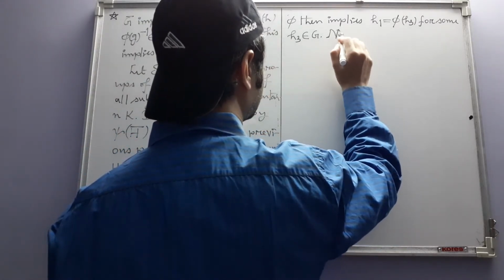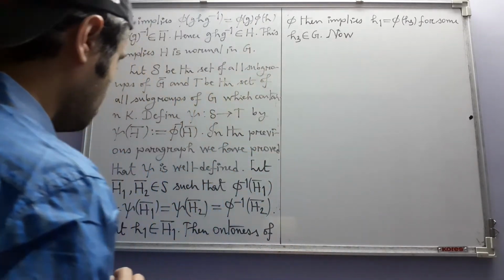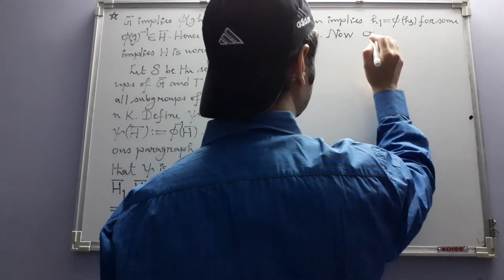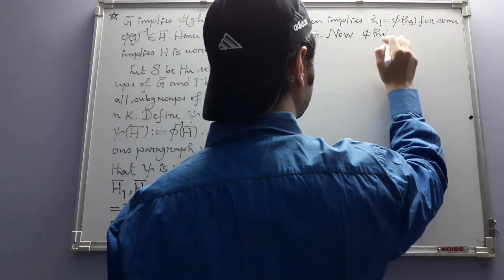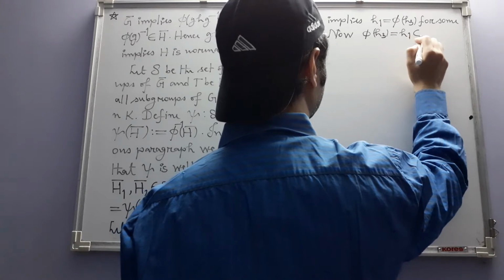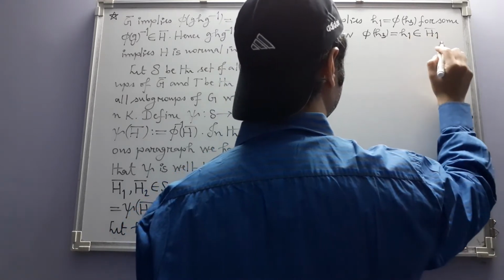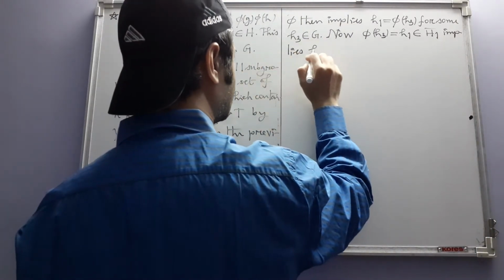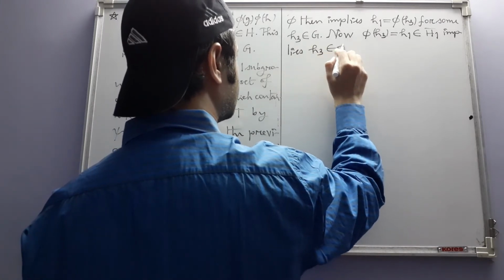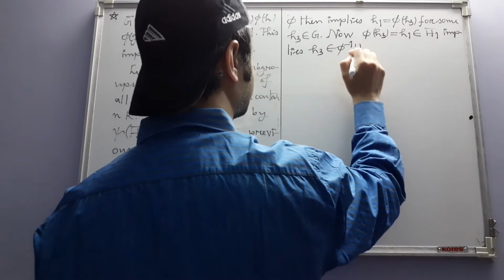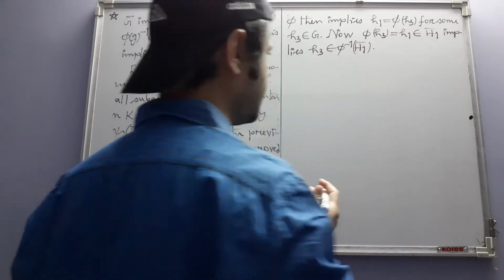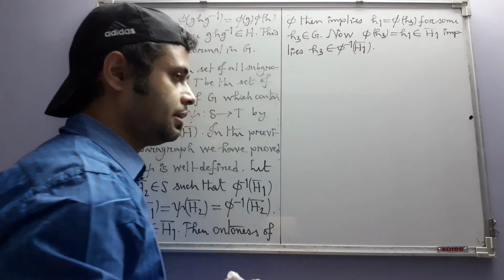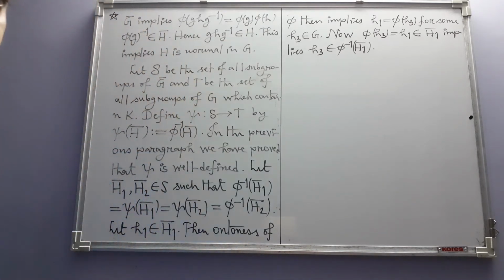Now phi of H3 equal to H1 belongs to H1 bar, which implies H3 belongs to phi inverse of H1 bar, because that's just the definition of the inverse image of a subset: any element in it is such that its phi image is in the given subset.